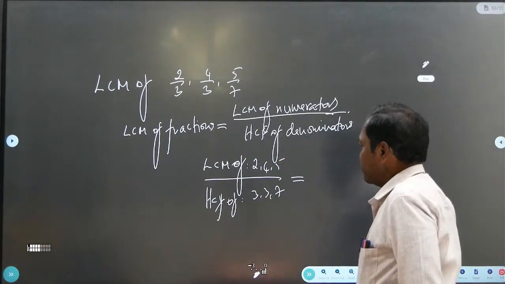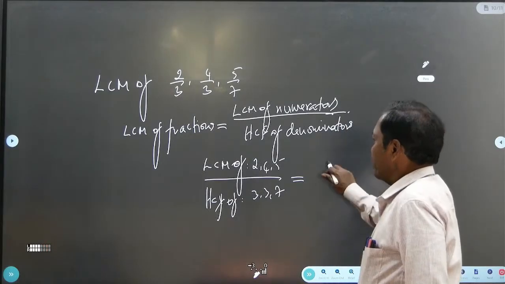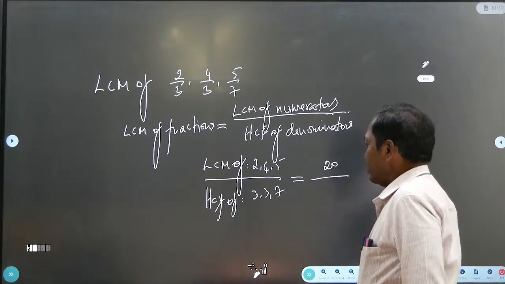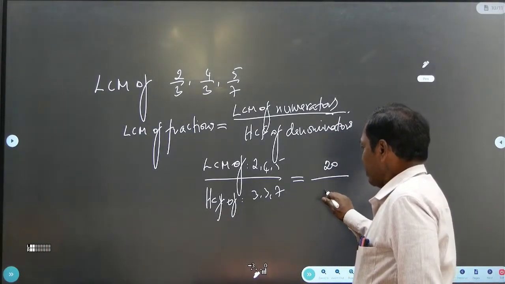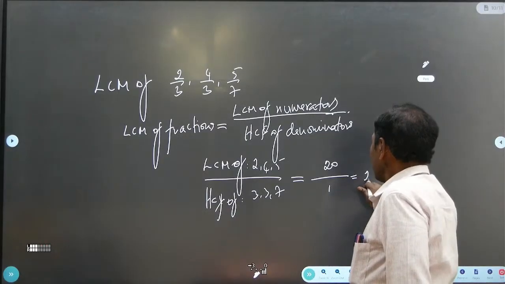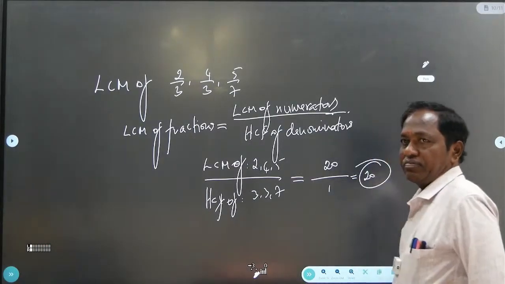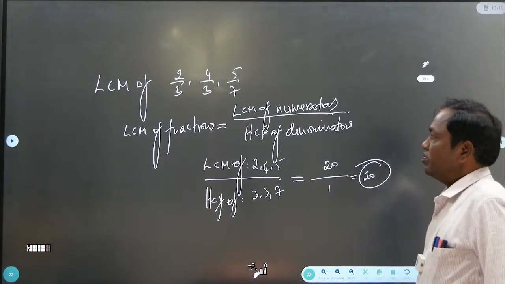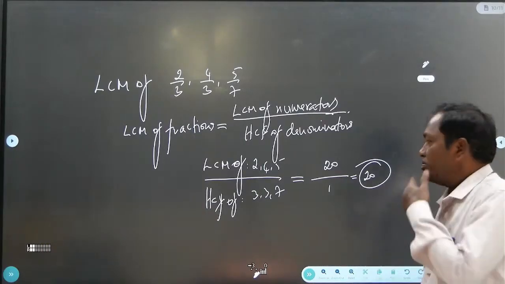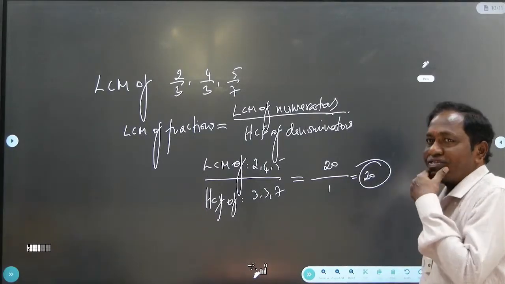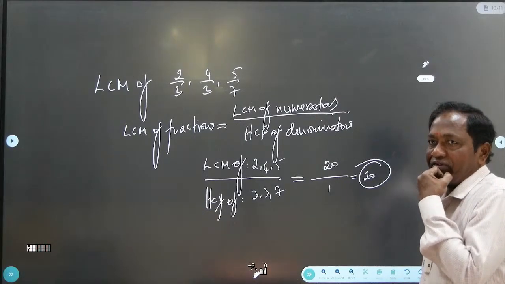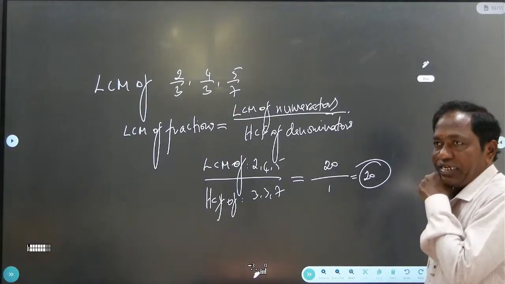For 5, the multiples are 10, 15, 20. LCM means 20, by HCF of 3, 3, 7, which is 1. It means it is only 20. So the LCM of these fractions is 20, because whenever the denominator is 1, we need not take its value. Okay? It's like that.